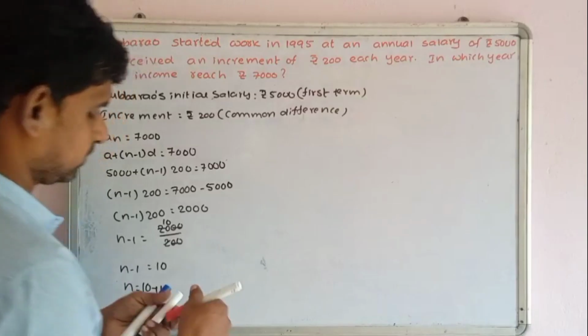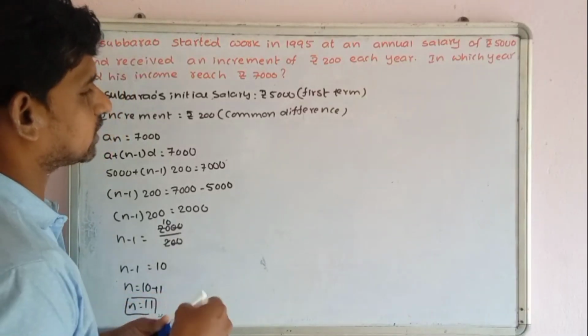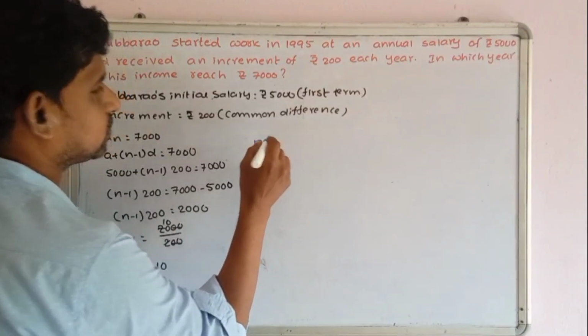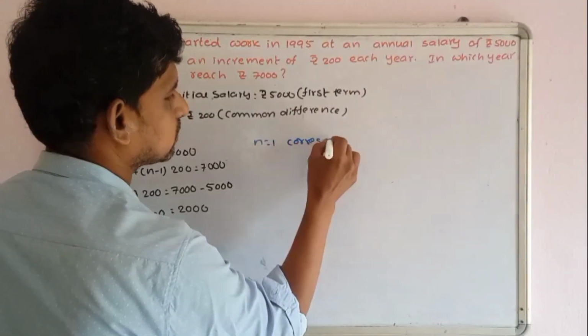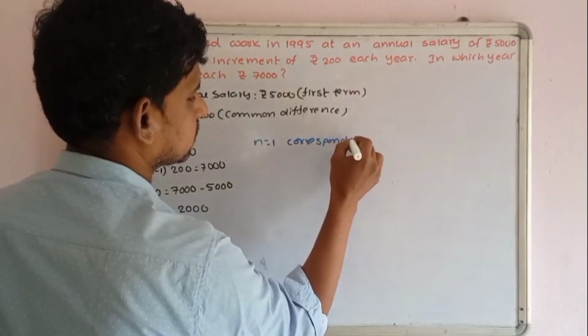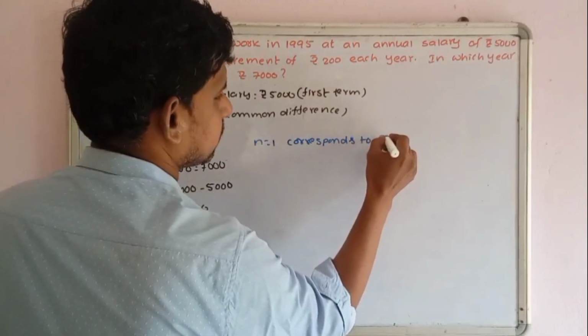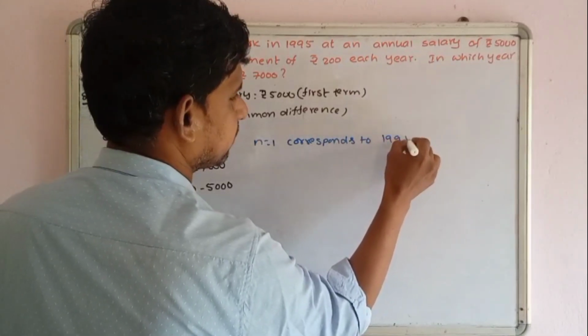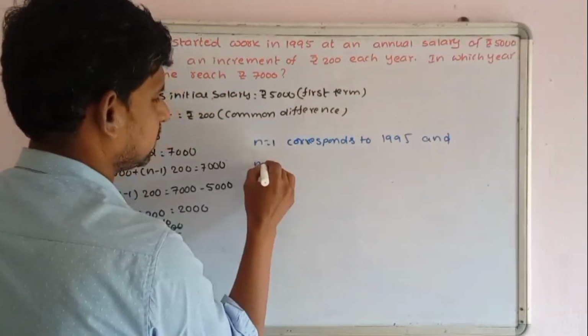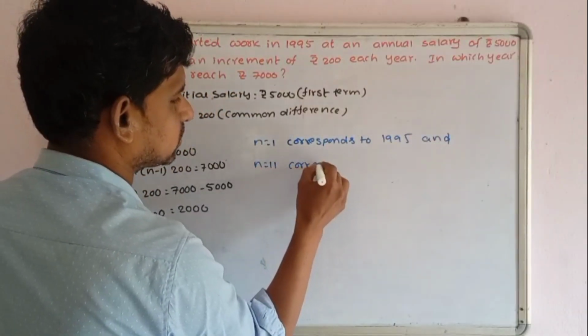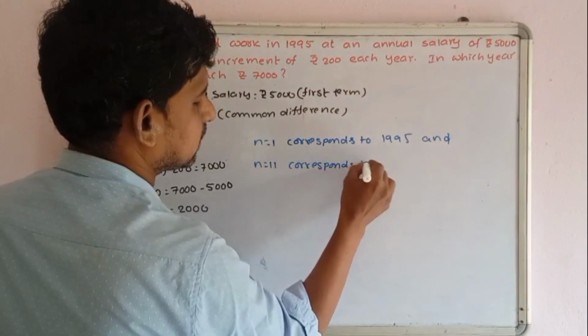See, here N equals to 1 means first year. N equals to 1 corresponds to first year salary, that is 1995. Okay. And N equals to 11 corresponds to his income.